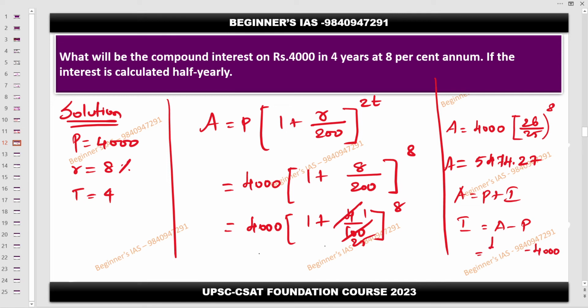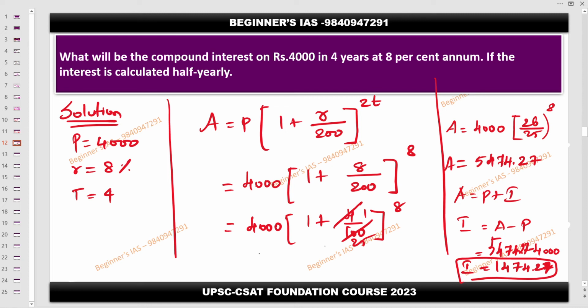Fine. So 5474.27 minus 4000, it becomes 1474.27. So that is going to be the interest approximately, or else you can take 28 also, not an issue.